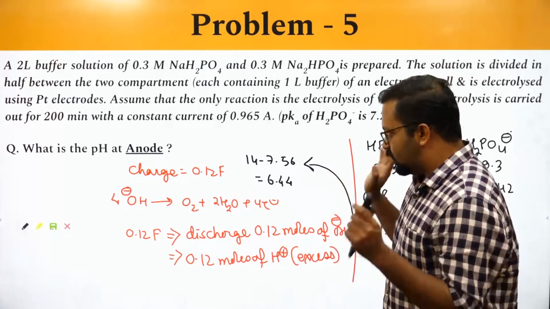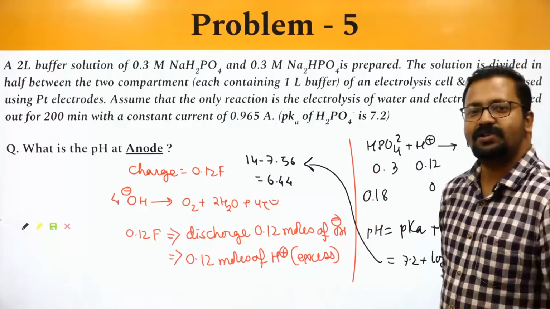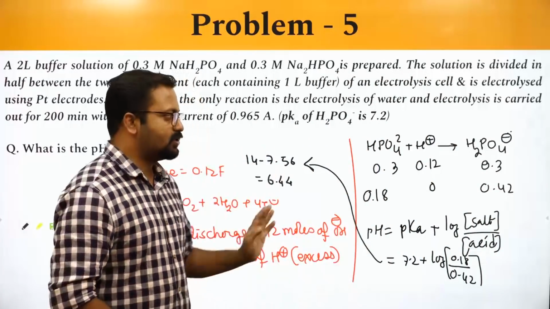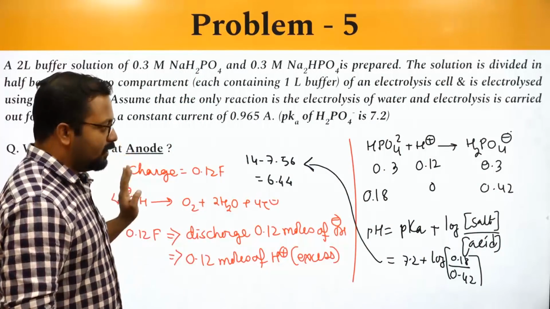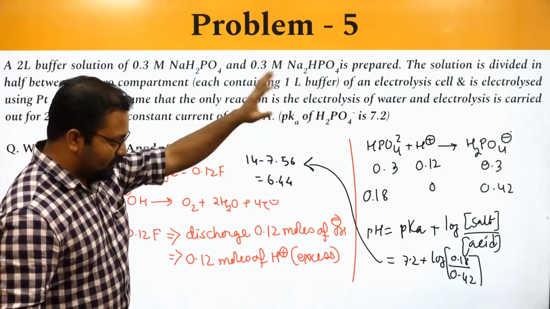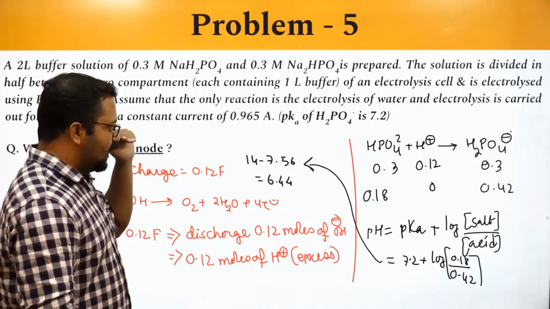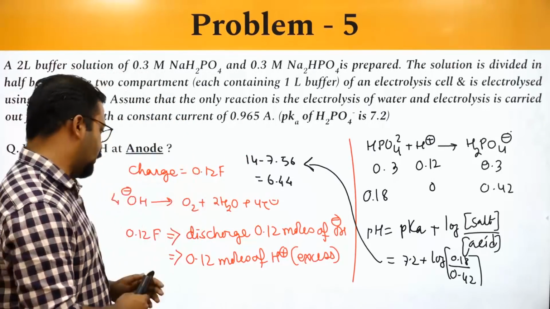Okay, so this is the long and short of it. It's a very beautiful question. You should try to resolve this question if you do get time, and this takes in so many concepts. Let's move on to the next question.